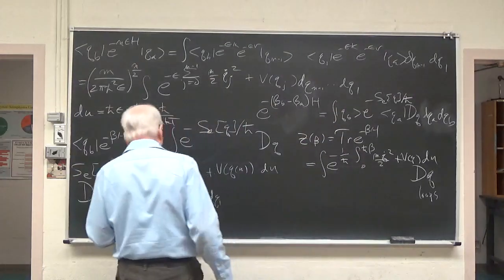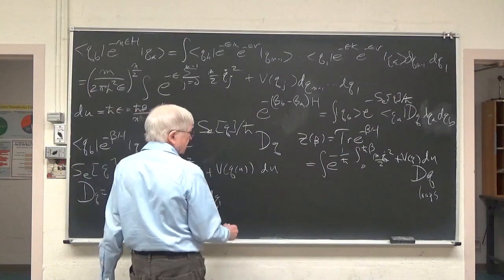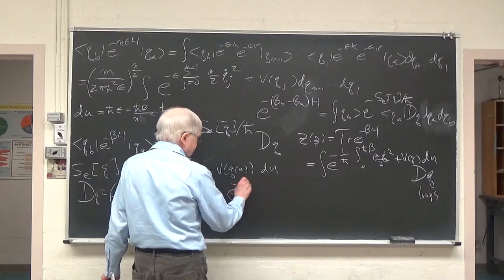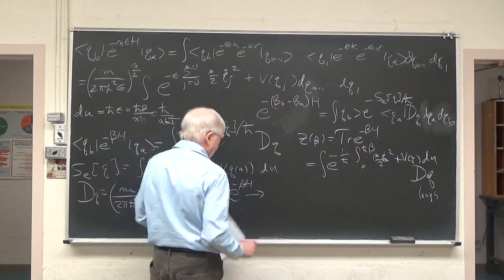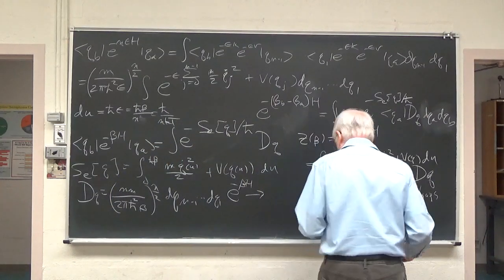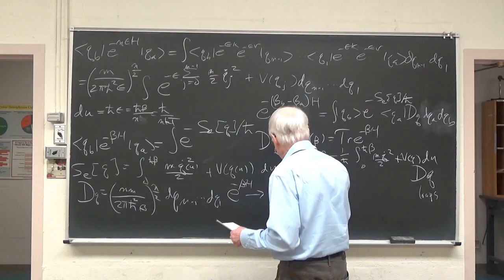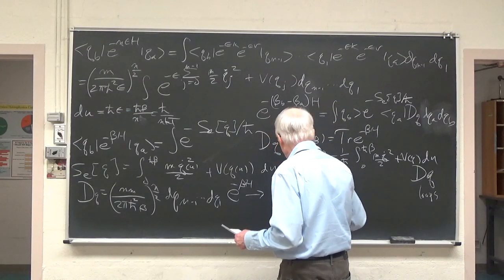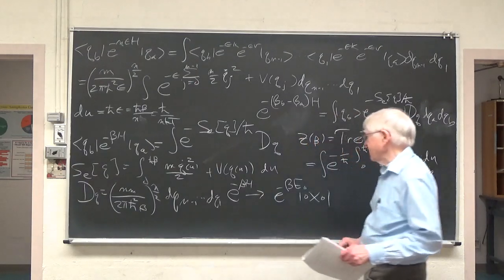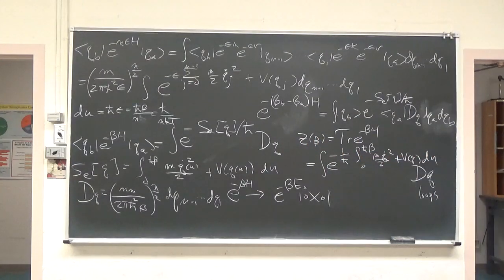Now, in the low temperature limit, e to the minus beta h approaches e to the minus beta times the lowest eigenvalue times the lowest eigenstate of the Hamiltonian.